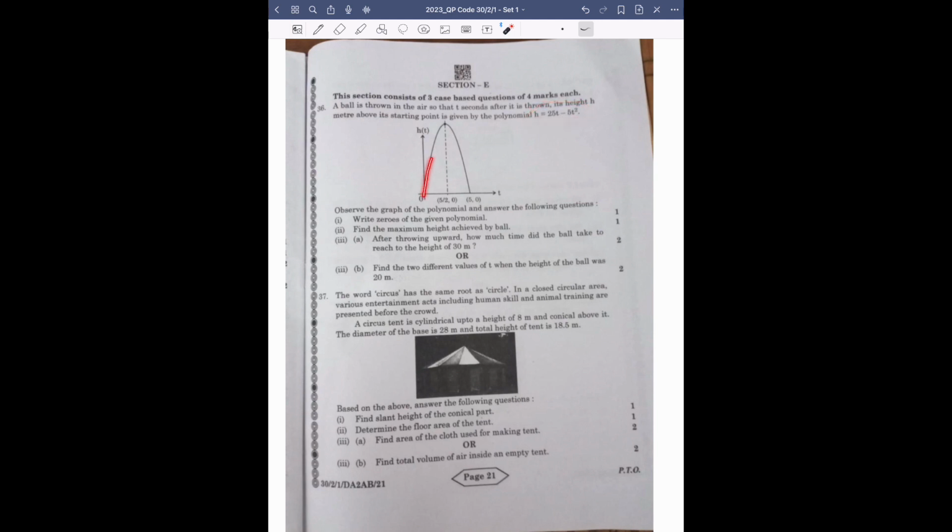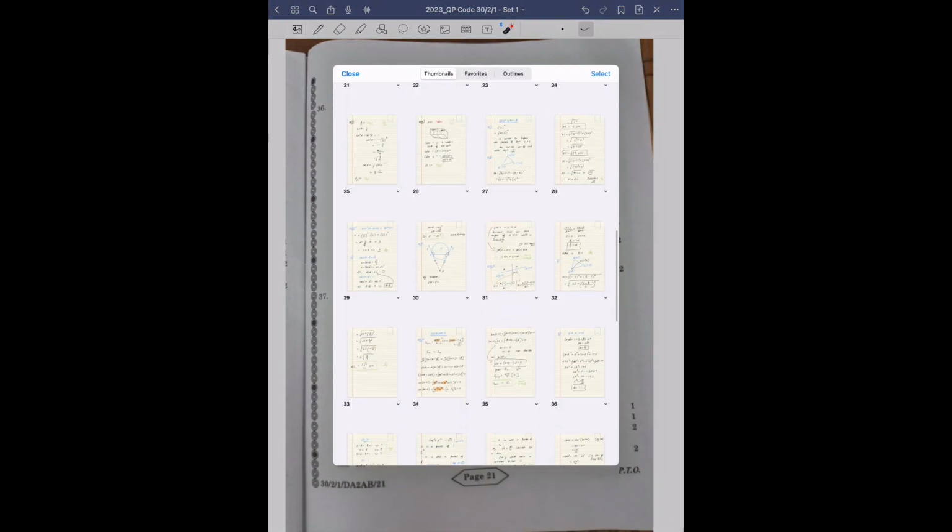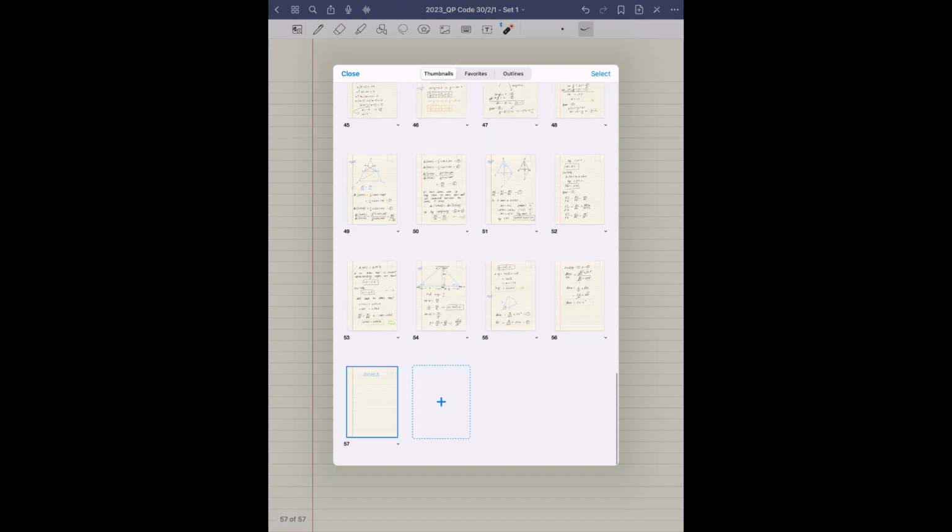In short, this path is described by this equation or function. So if you want to calculate height at any point of time t from the point it's thrown and until it comes to rest, you can find it like this. Let me write the equation first. Okay, again it's a very easy question.